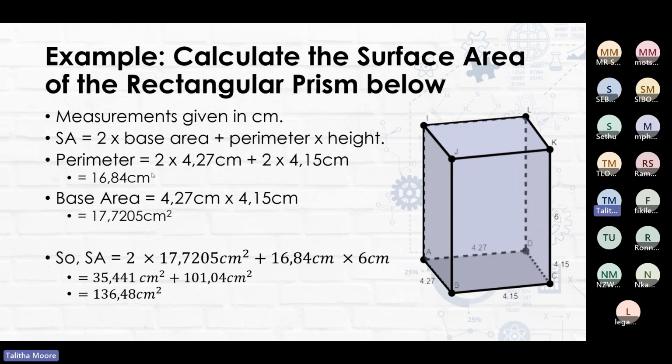Plus 16.84 times the height, which is 6. So that is 35.441, and this is 101.04. So our surface area for this prism is 136.48.